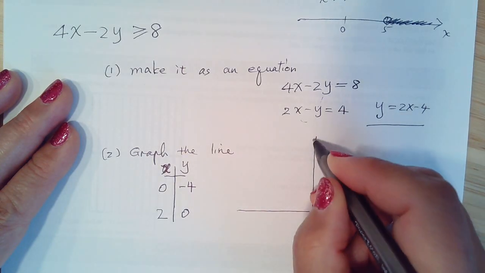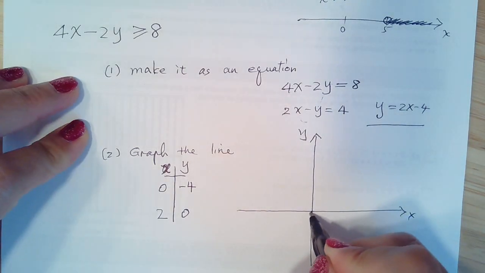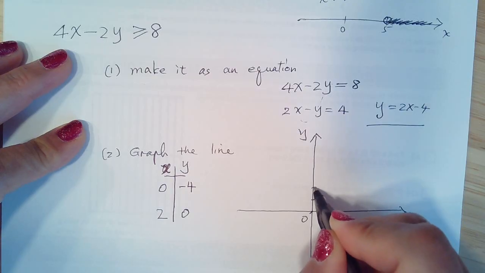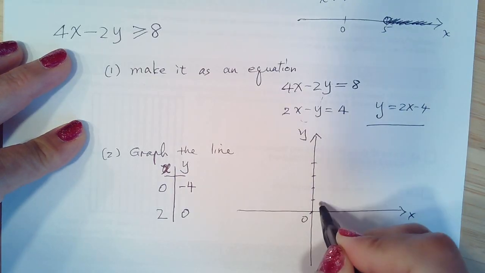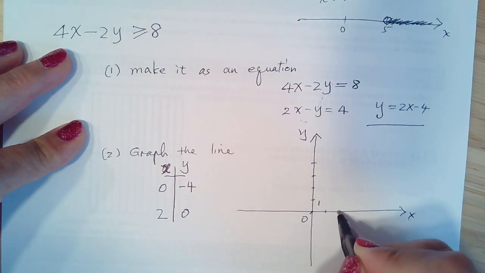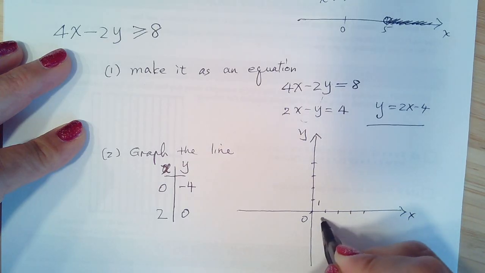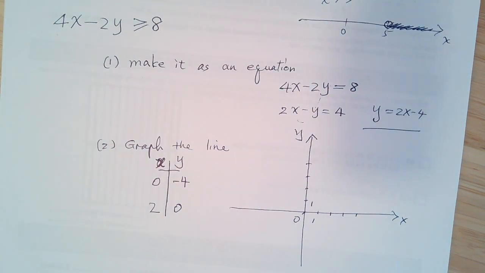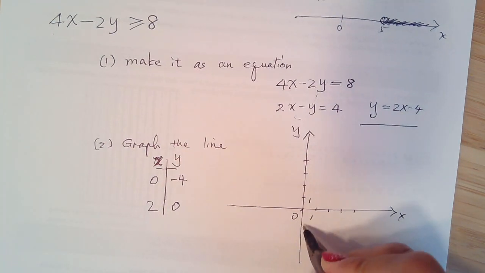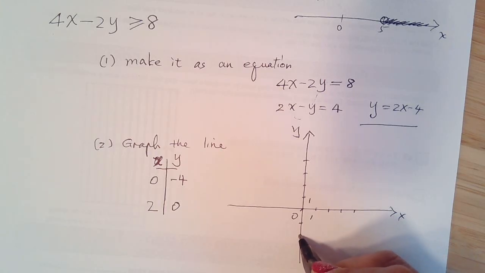Here's x, here's y. Right, here's a 0, and a 1, 2, 3, 4, and here 1, 2, 3, 4. Okay, so where are the points? 0, negative 4. Oh, it's negative. So 1, 2, 3, 4. Okay, and the other one is 2, 0.